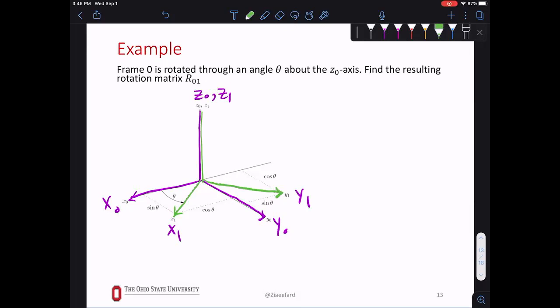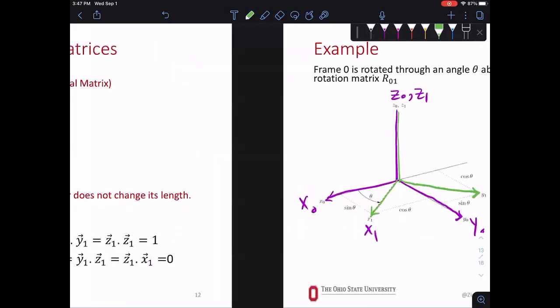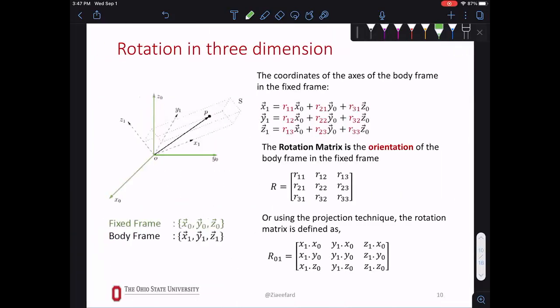You're trying to find R01. If you look at a few pages earlier, I've already showed you what that matrix looks like. Specifically, this page. So you're basically using that.